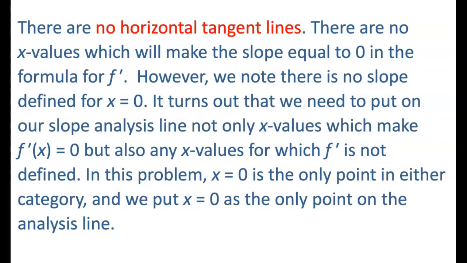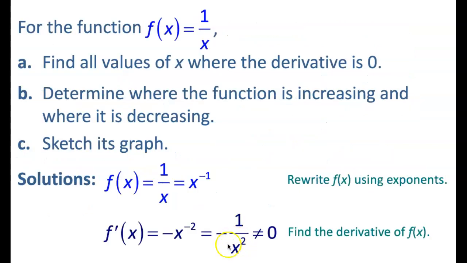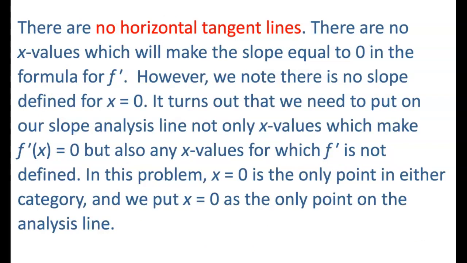However, we note there is no slope defined for x equals 0. So remember, x equals 0 is undefined for f prime. That is another place where we can check where the original function might go from increasing to decreasing or decreasing to increasing, because that means there's a vertical asymptote there.